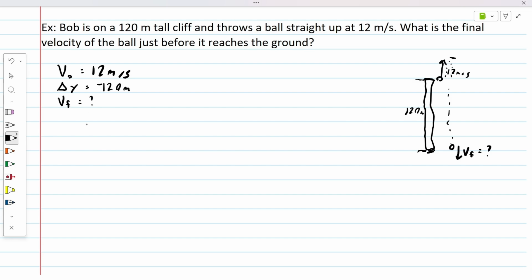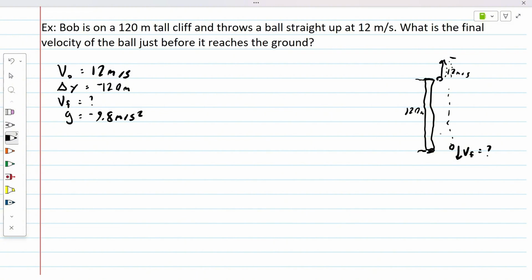Now there's one more piece of information that we're not told, but we do have, because we can assume we're on Earth here. So there will be an acceleration due to gravity in the y direction that's equal to negative 9.8 meters per second squared. Gravity will always be negative because gravity is always going towards the Earth. Now I have to decide what equation we want to use here.